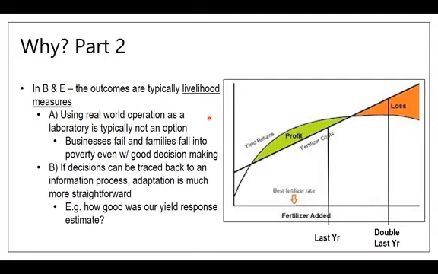And of course, the great thing is, if decisions can be traced back to this model as a structure or an information process, the things to adjust are much more straightforward. Right? If this was last year and this shows up as double last year's fertilizer, and you have this as a structure, then you understand the implications of really ramping up fertilizer use.